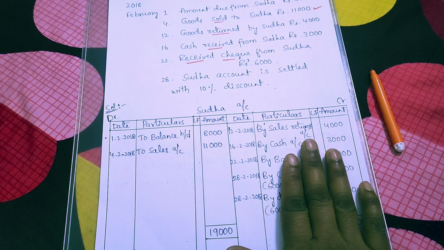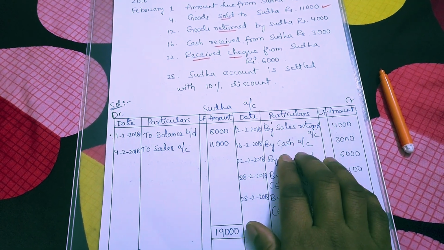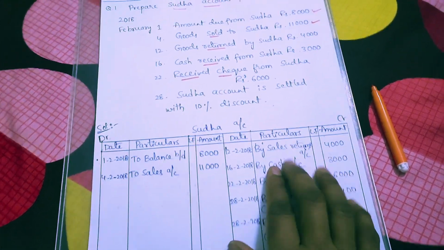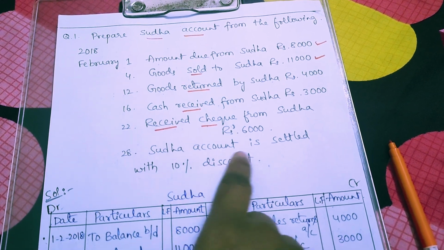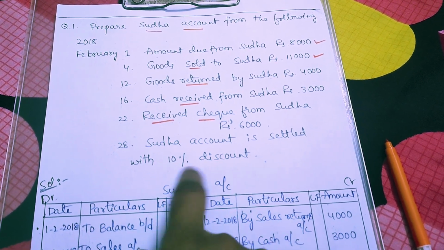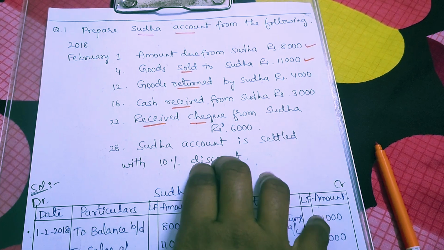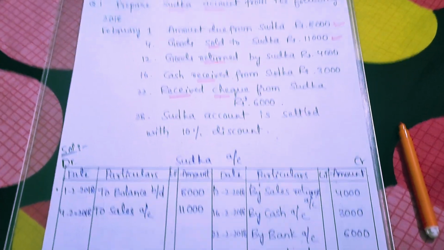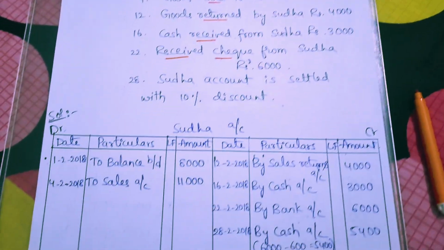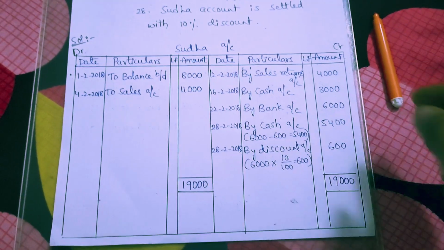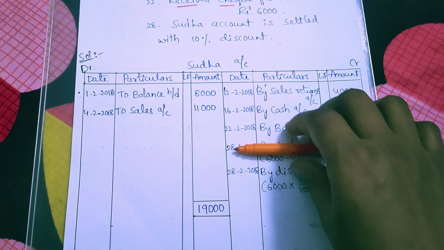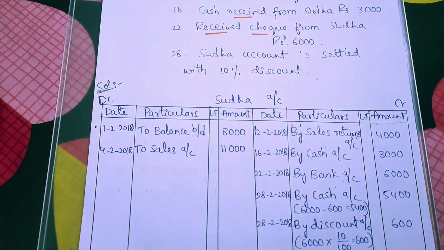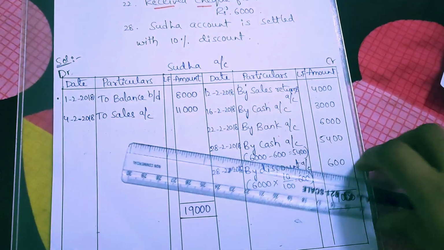If we are getting less amount on this side, we should write by balance carried on. But here they have given clearly that Sudha account is settled with 10% discount. Then we should not write balance carried on. Okay. So how to record that? We have to settle the account. Let us see. Now these items are not there because we have recorded only till here.